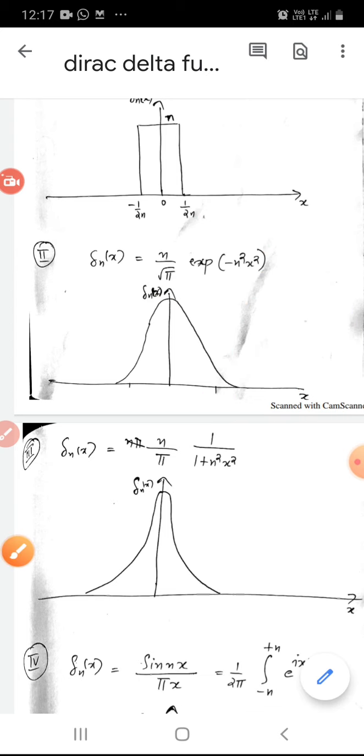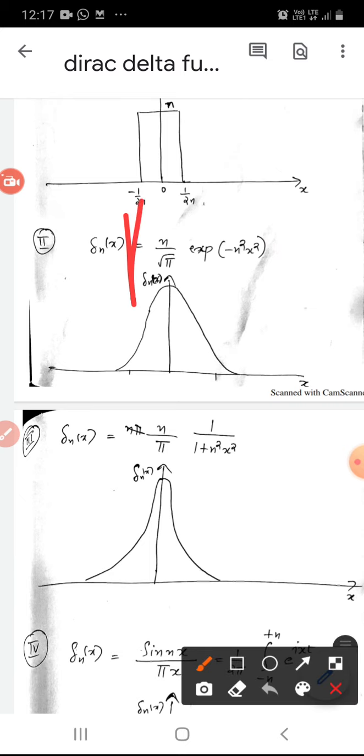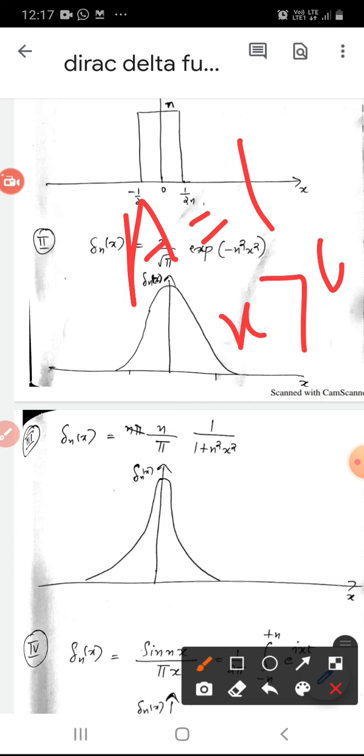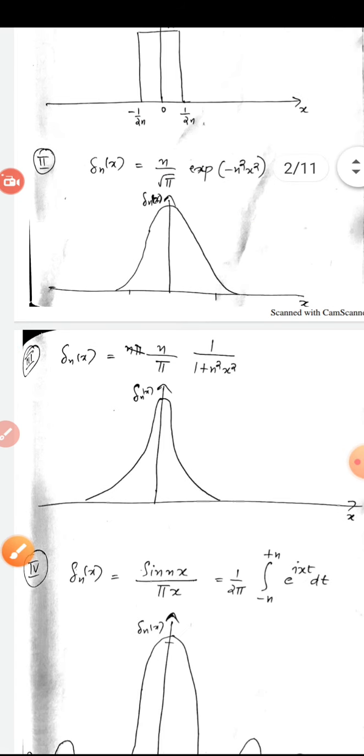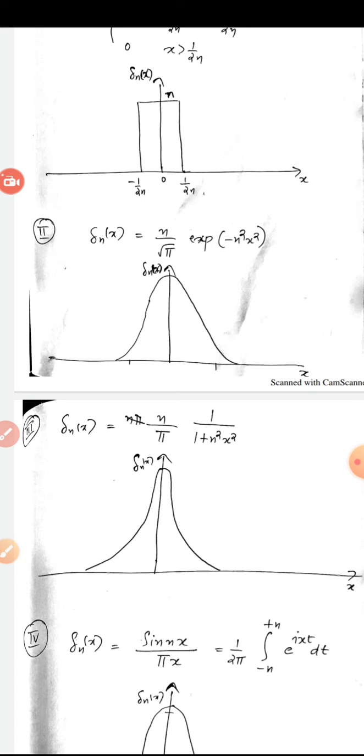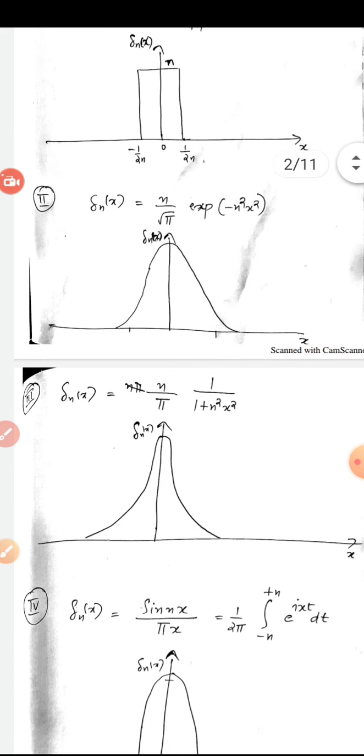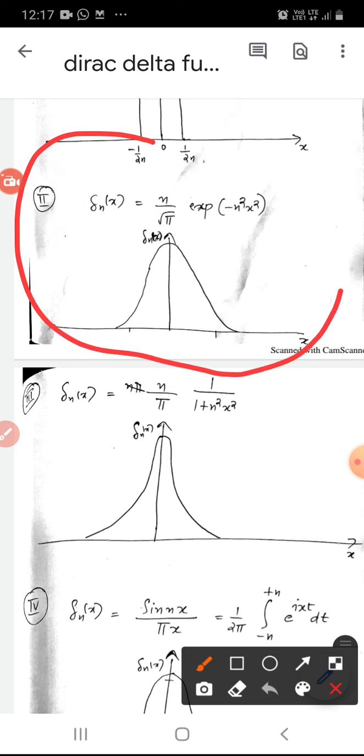Its area can be shown to be equal to 1, and for x much greater than 0 its value is 0, because as x tends to very large values this will tend to a small value. That is shown here. So this is delta nx, and it is an approximation of the Dirac delta function.